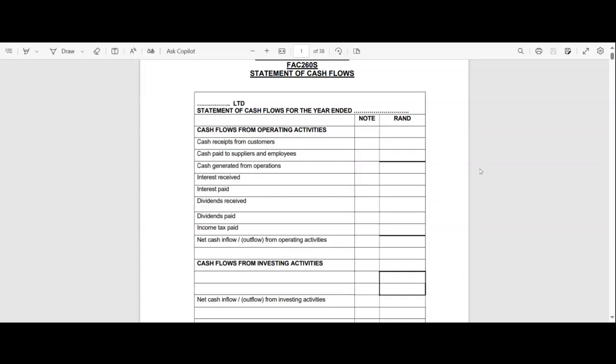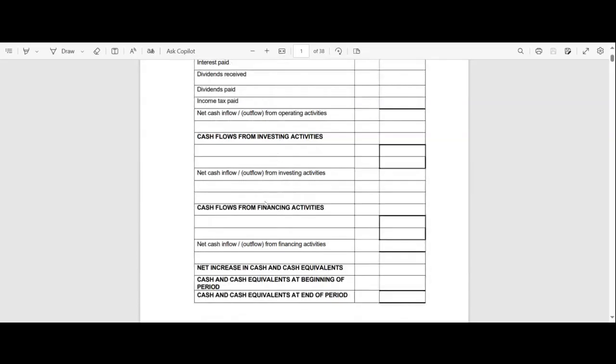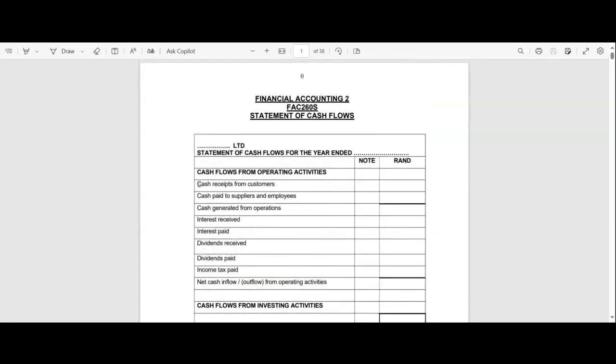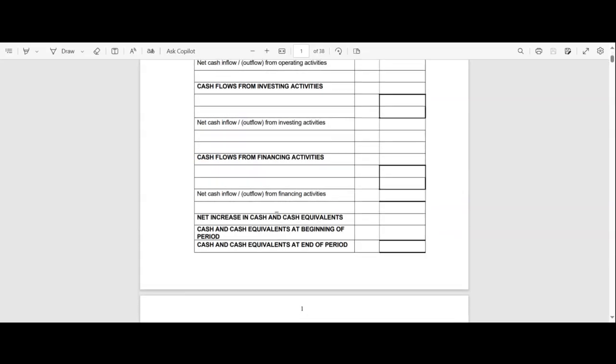If you are using the indirect method entirely, what we see as the note will be this section, but the rest of that section and the other two sections, as well as the reconciliation, will be identical. So it's only this part that differs between the direct method as we have it here and the indirect method as we have it in the note.